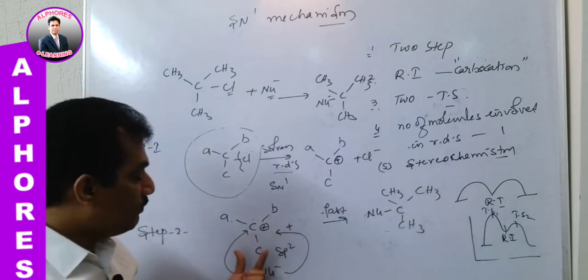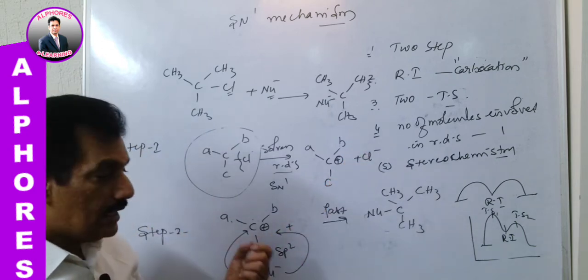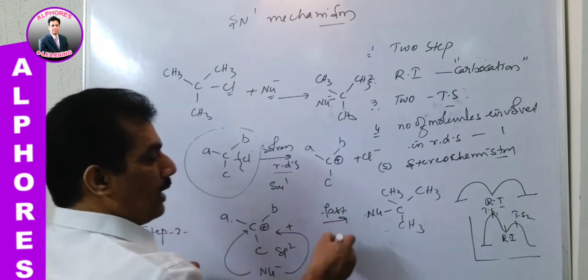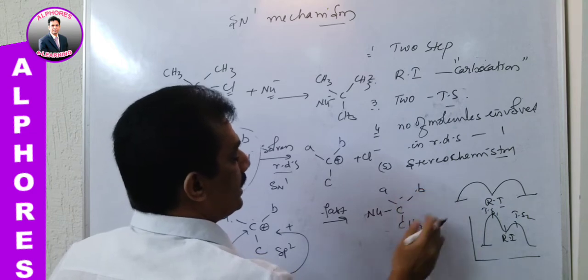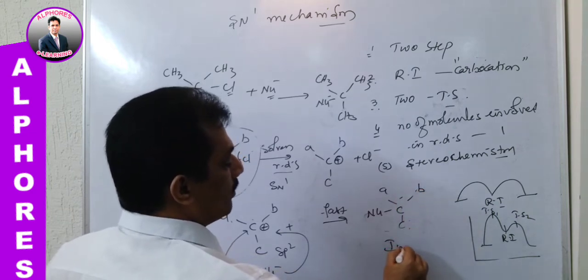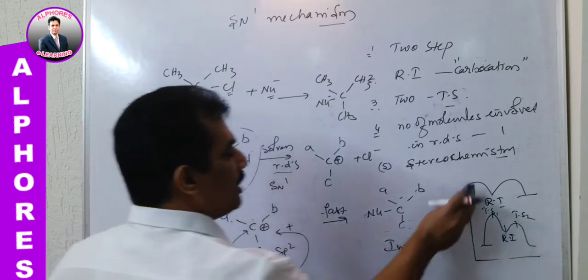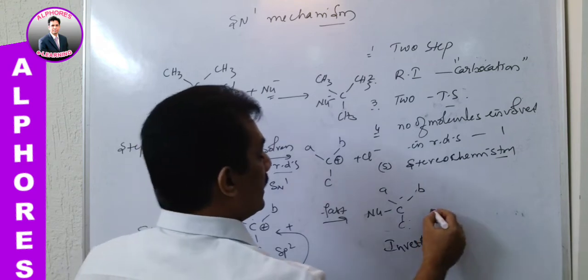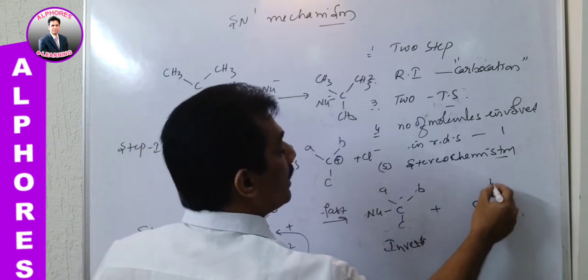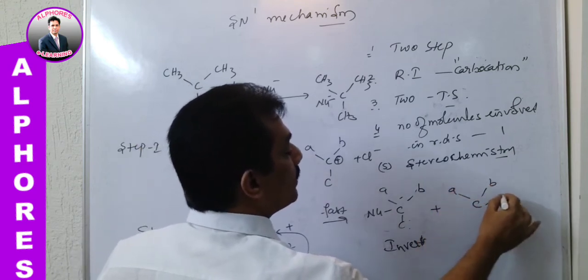That is actually 50-50 chances, and thereby when it comes from the back side, it creates inverted configuration. In case it is coming from the front side, then it creates retention in its configuration.